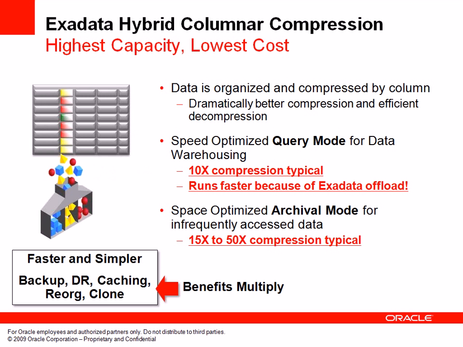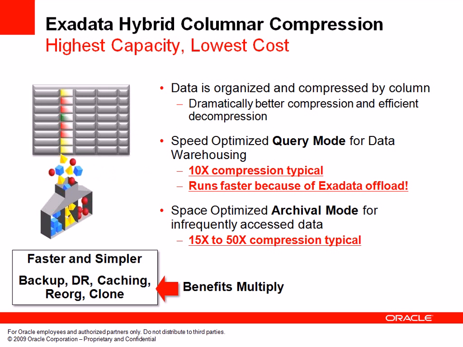So we get column values stored together in close proximity. The second thing that we do is we have different algorithms for compressing different data types as appropriate. So you can have different data types in a single table that were compressed with different algorithms for maximum effectiveness.